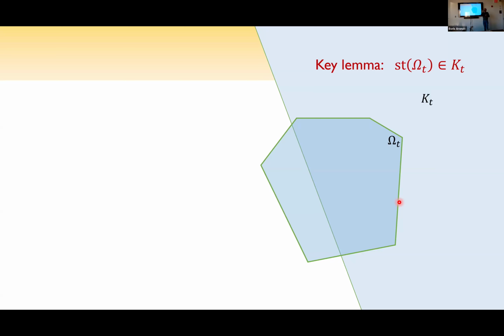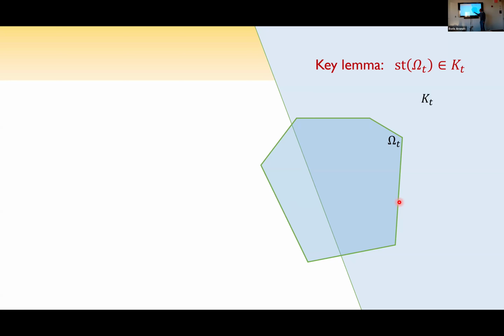You can use the separating hyperplane theorem, whatever you want. I want to show that the Steiner point of this green object lies inside K_t. It's suggestive the way I've drawn it, but it could fail. So let's look at the definition.